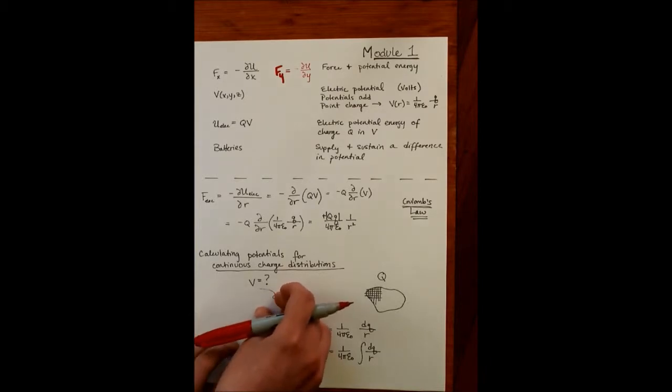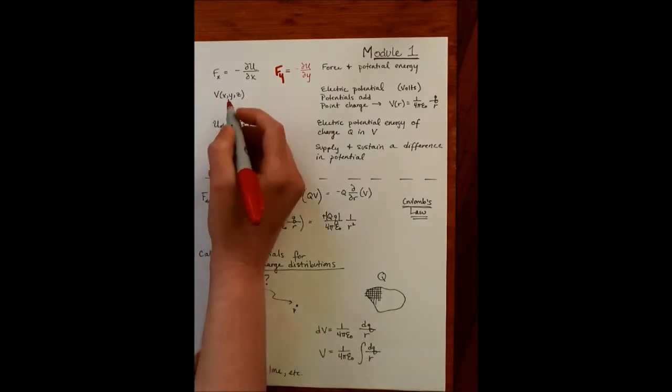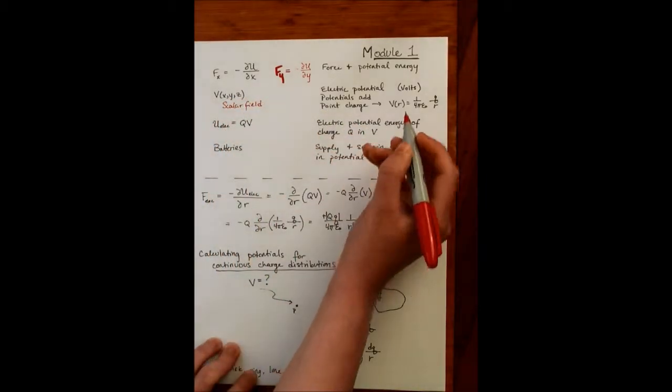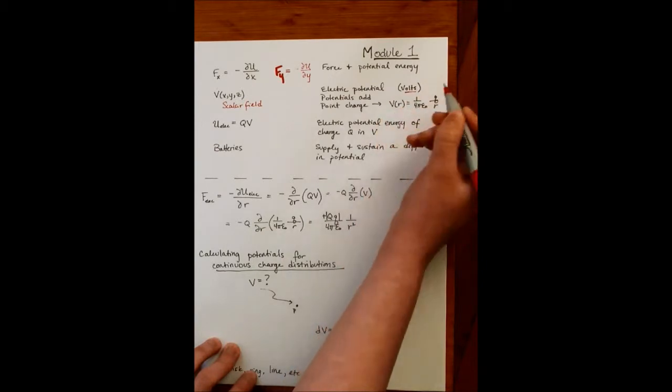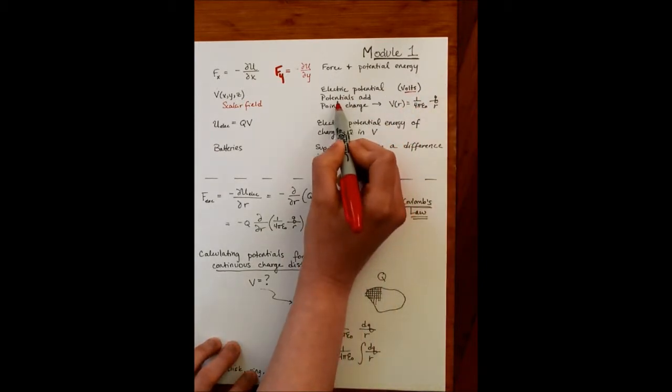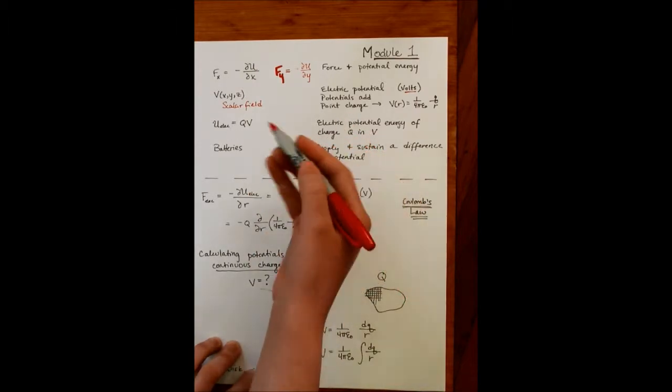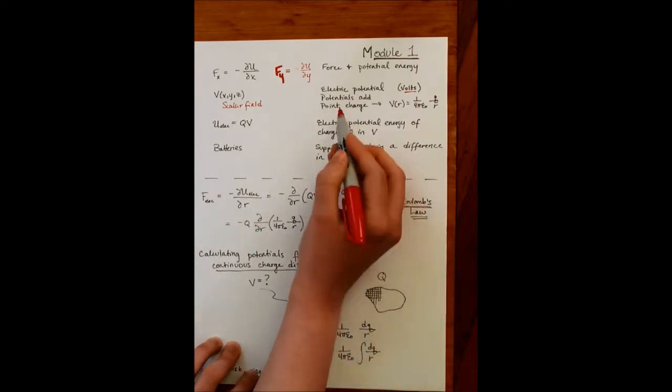So that's true for anything that has a potential energy function. Next we learned about the electric potential V, which is a scalar field, and it has units of volts. If you have multiple potentials, they obey the principle of superposition, so you can add them together.